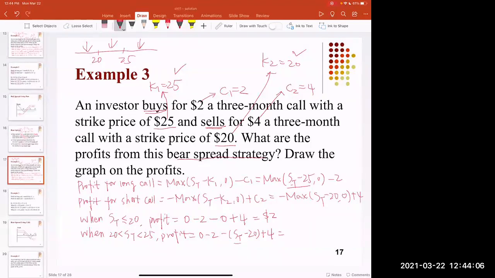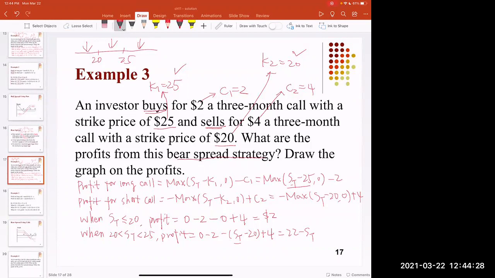Now we have ST here. It should be a positive 20, 24, 22, so 22 minus ST, right? Because we have ST, we cannot cancel it out, so we keep ST there. And 20 plus 4 is 24, minus 2 is 22.